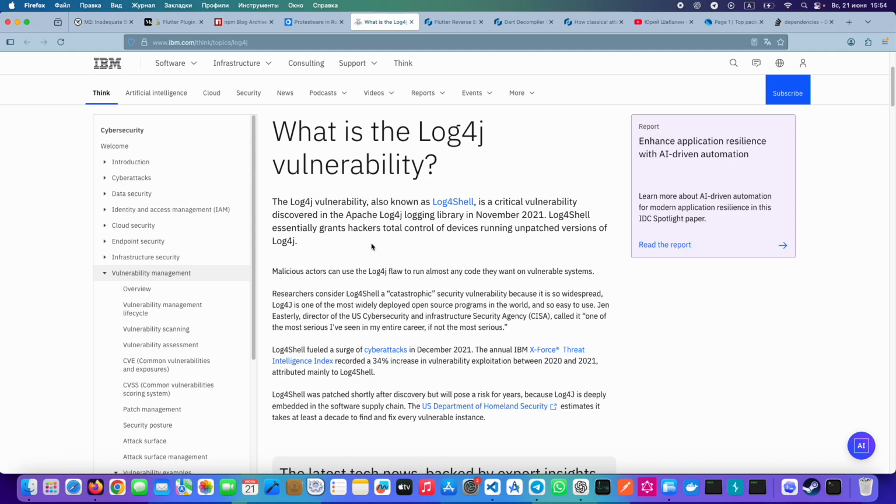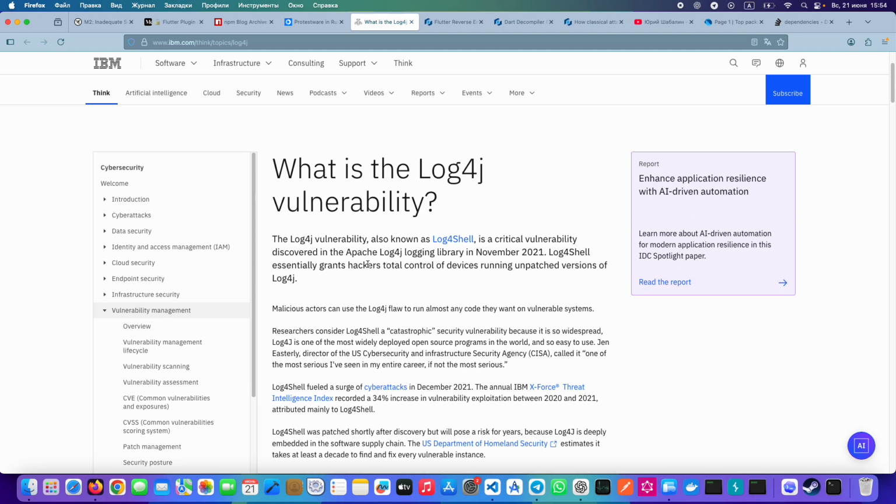So there was another package for server-side applications called Log4j. They found a new vulnerability that's known as Log4Shell, I guess. It was in November 2021. Something happened. What happened, I would say. So that's interesting.